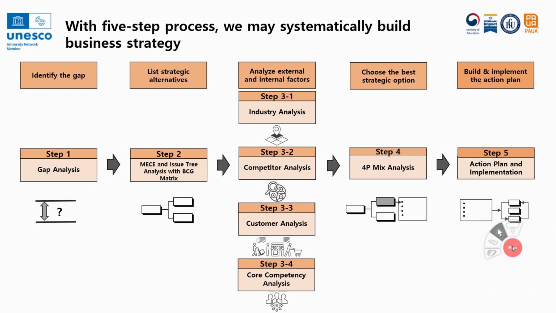And after the 4P analysis, I will present the key factors to consider in building the action plans and how to implement those action plans. In building your action plans, you have to think in a SMART way.